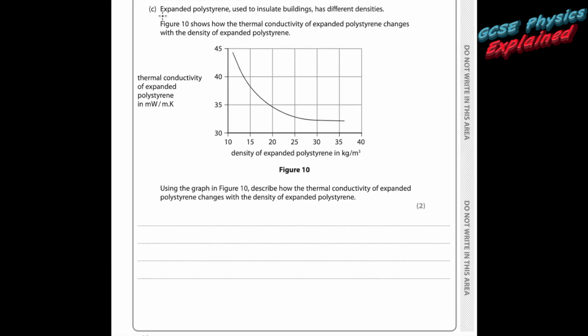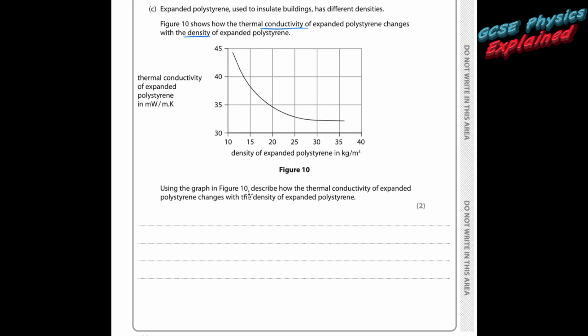Question C. Expanded polystyrene used to insulate buildings has different densities. Figure 10 shows how the thermal conductivity of expanded polystyrene changes with the density of expanded polystyrene.